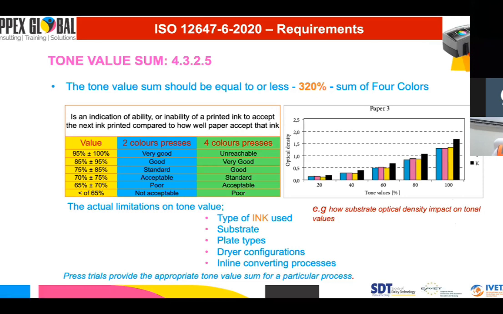This is really usually taken care of in choosing an appropriate profile, but it is a parameter that we see in 12647-6. So all I'm talking about here is based on 12647-6, and these are the different things that together will form the certification for this category of printing.